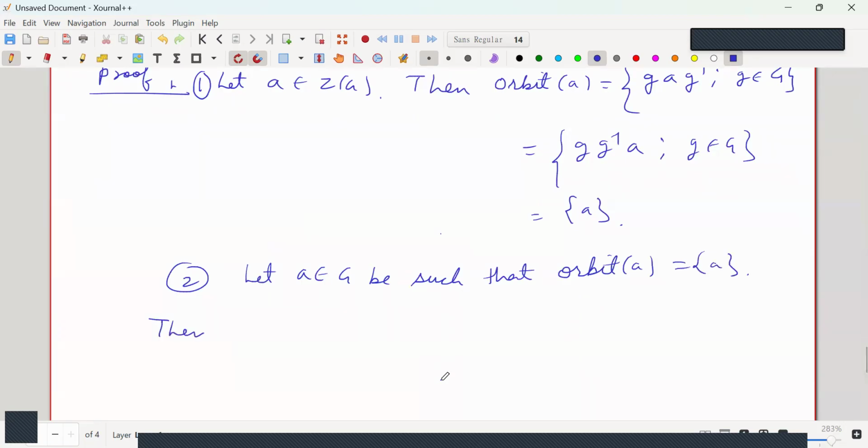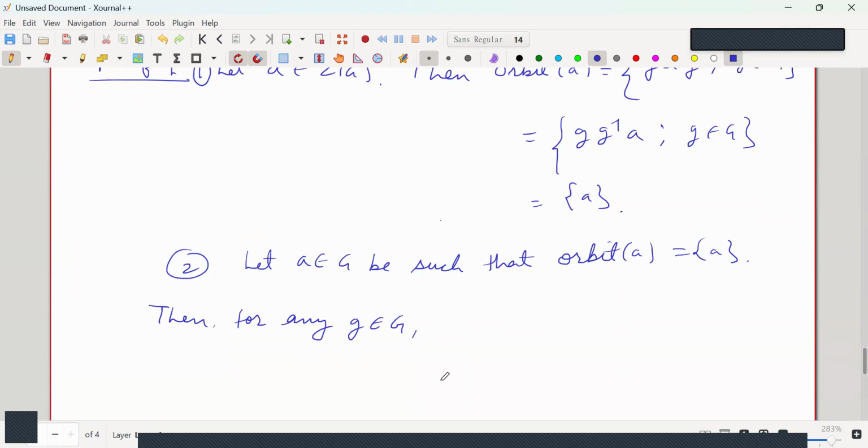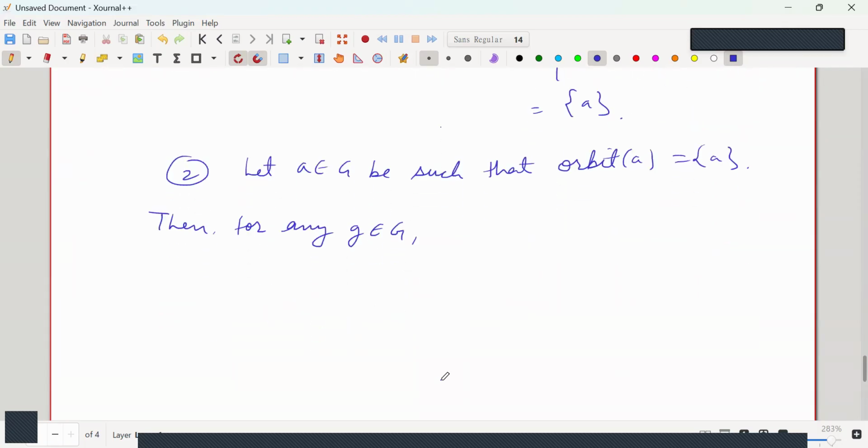Then for any g belonging to G, g star a will be g a g inverse, and that is a again, and that implies g a is equal to a g, right?